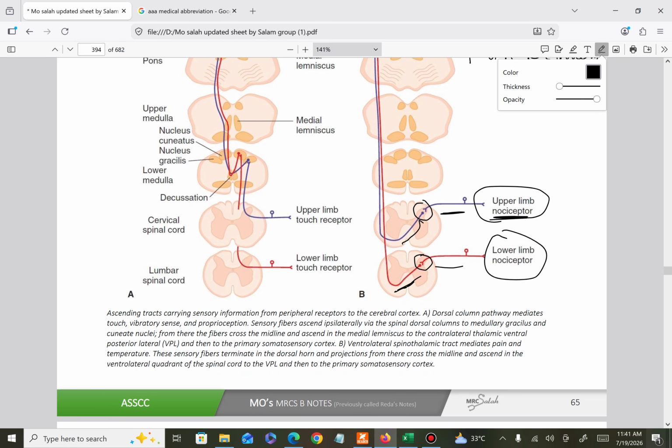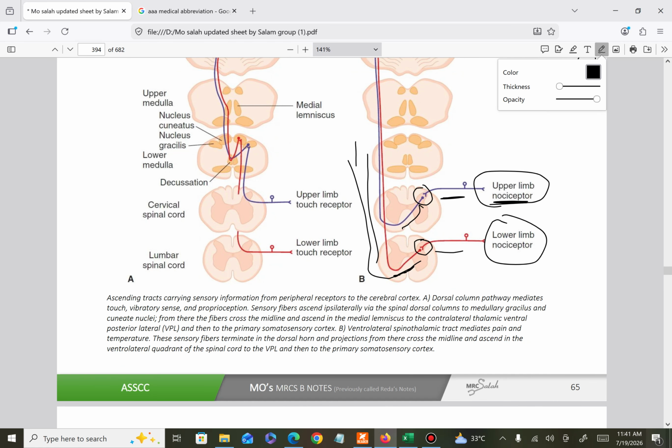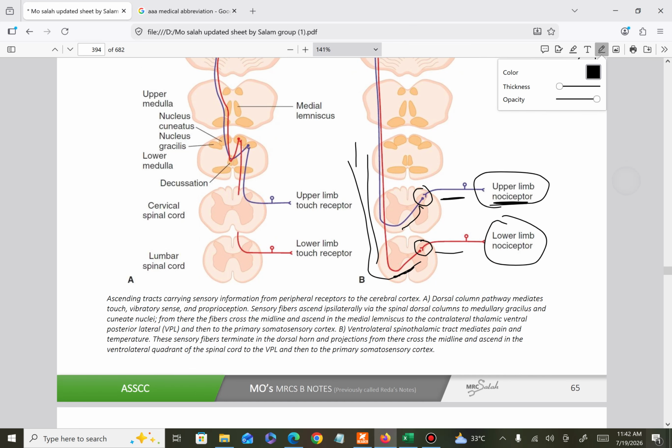Each spinothalamic tract will take the pain impulse from the sensory fiber in the dorsal horn, then it decussates to the other side. It comes to the opposite side and goes upward in the anterolateral quadrant of the spinal cord through the spinothalamic tract.